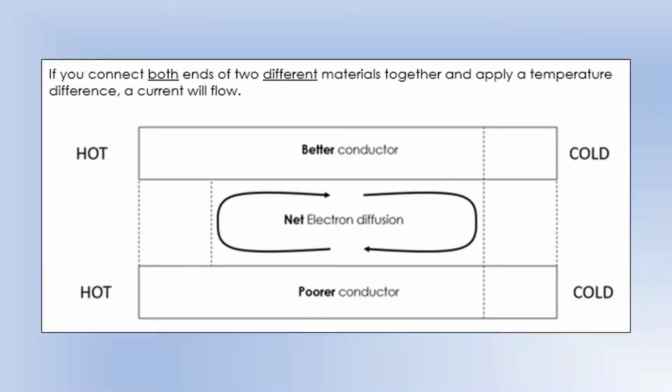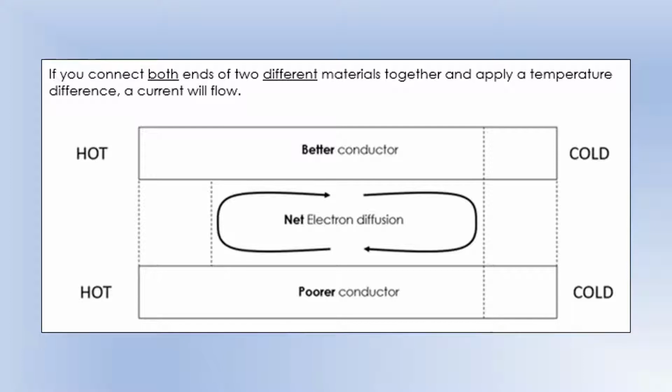If you connect both ends of two different materials together and apply a temperature difference, a current will flow. We can see here we've got the hot region on the left-hand side, the cold region on the right-hand side, but we've connected their ends together.